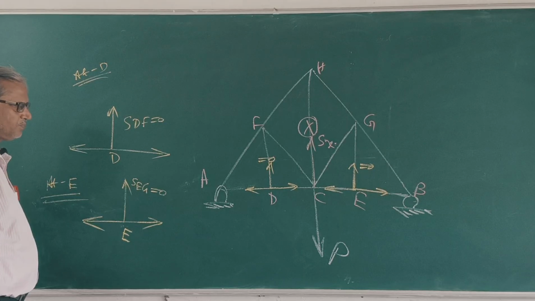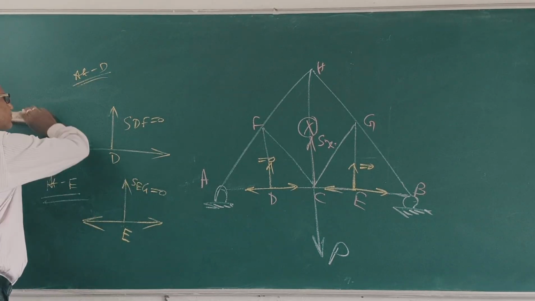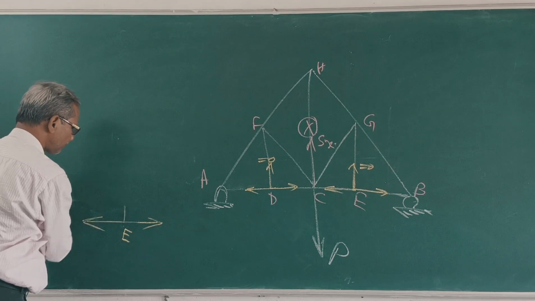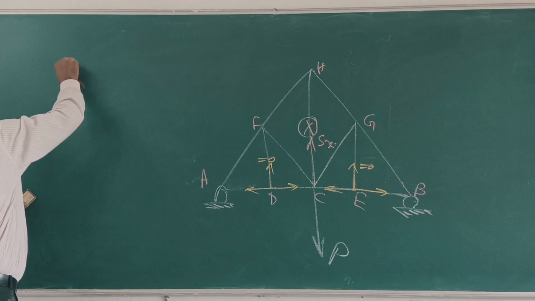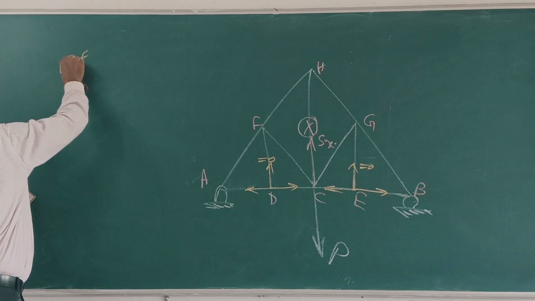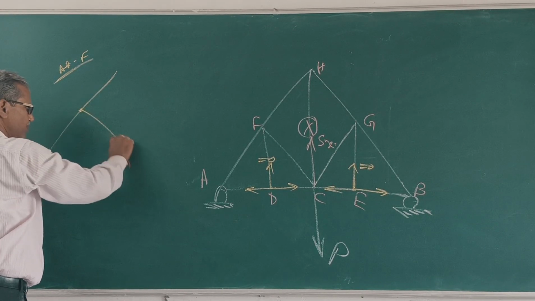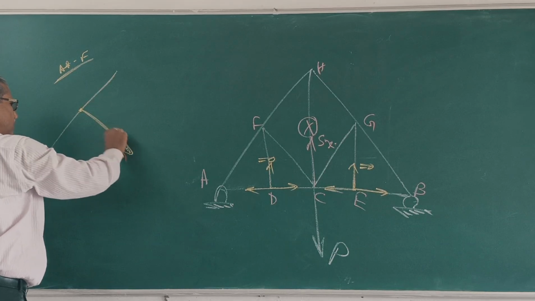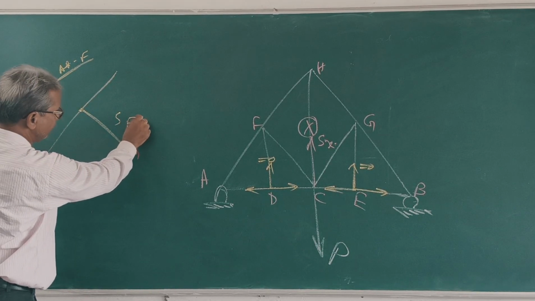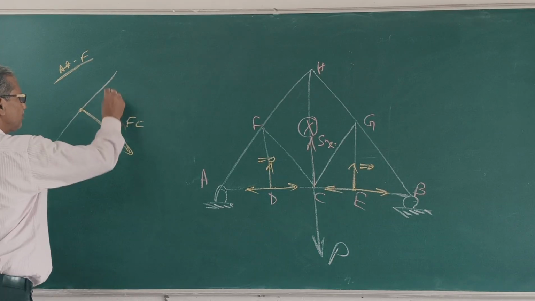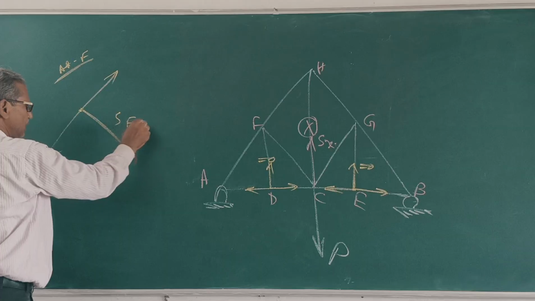Now, at point F and at point G. Come to point F. This is point F, this is force SFC. This is force, this is force, no load at the joint, so this is zero.